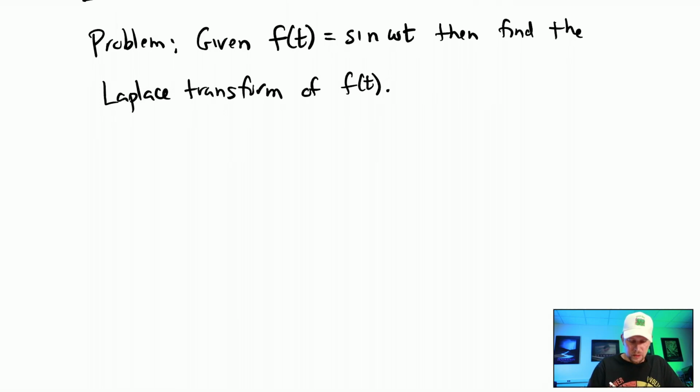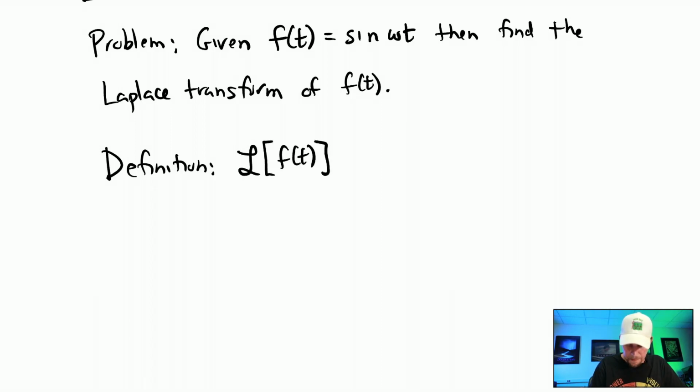Right. So here, I'm going to go back to the definition, and the Laplace transform of f of t, by definition, is the integral from 0 to infinity of e to the minus st f of t dt.